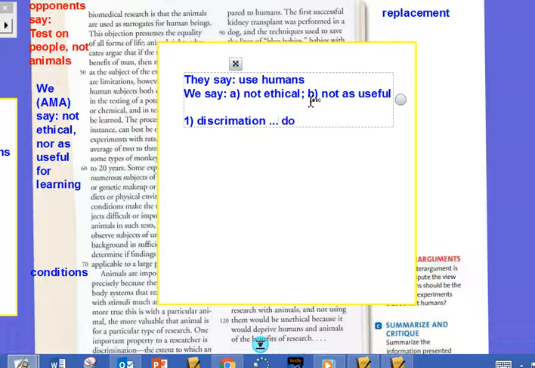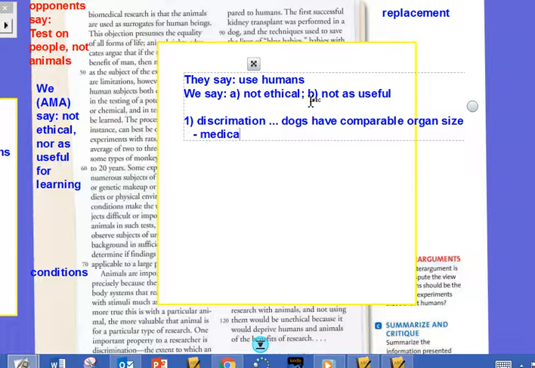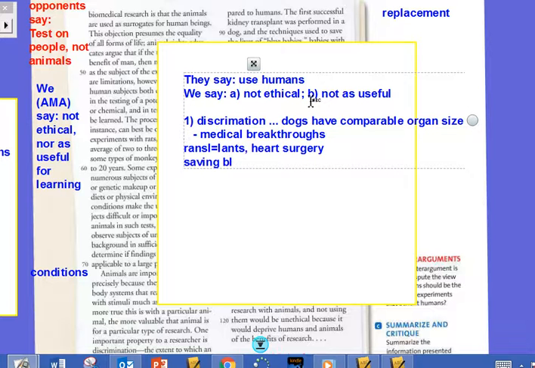Discrimination, and then they talk about how dogs have comparable organ size, and that organ size has led to medical breakthroughs with transplants, with heart surgery, with saving blue babies. Really big, important stuff.